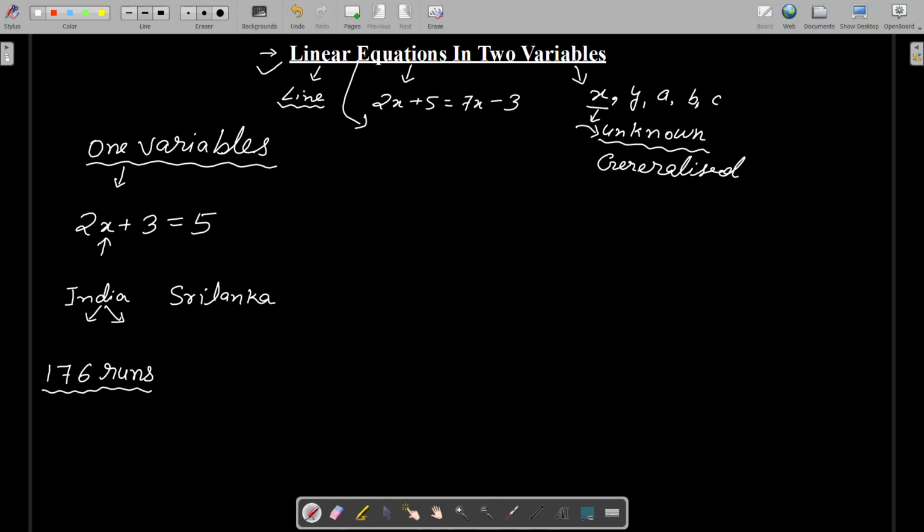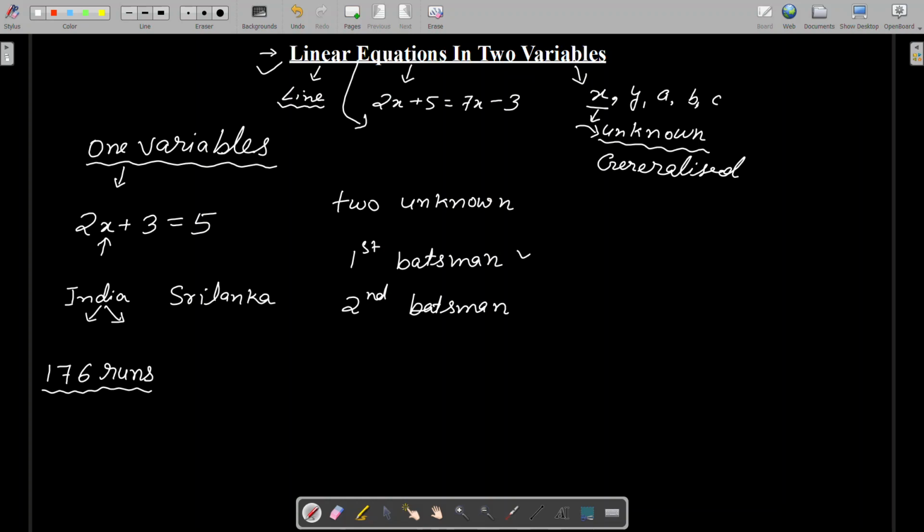Now in this example you may find that there are two unknown quantities. What are they? They are the runs scored by the first batsman as well as the runs scored by the second batsman.